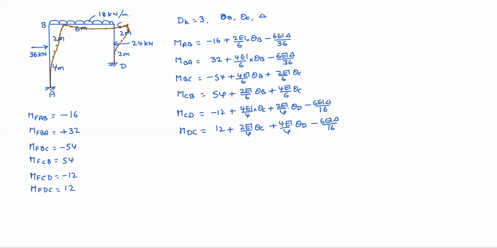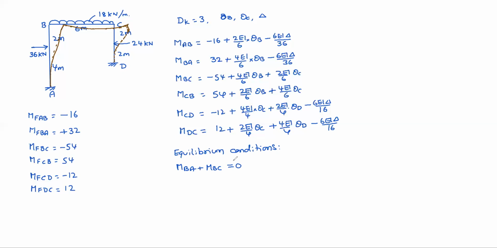Then what are the equilibrium conditions? First one, MBA plus MBC equals 0, because there is no external moment.